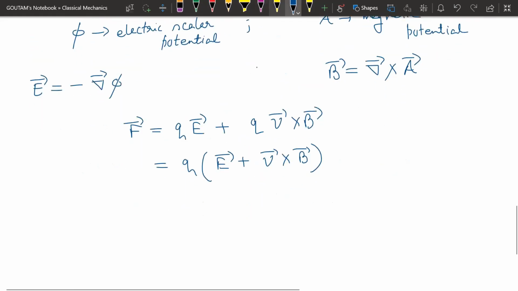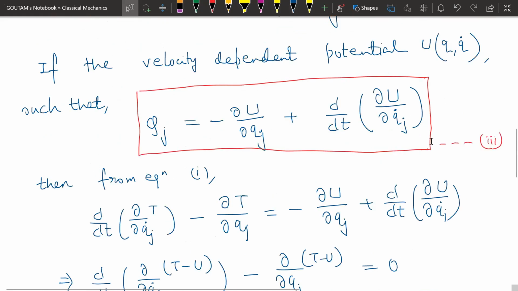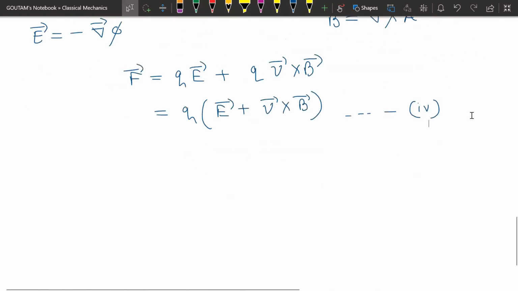So this is the force. This was equation 3, so let's call this equation 4.